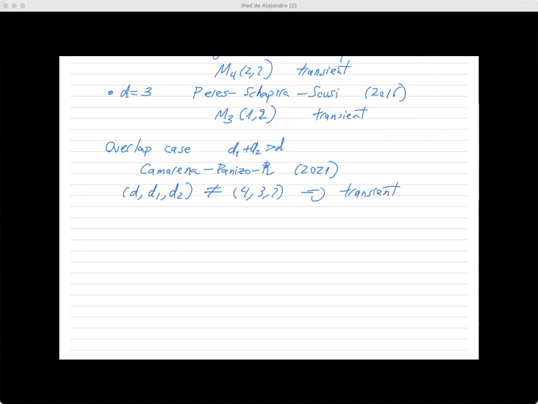I'm not going to comment so much about this. Maybe just say that when the dimension is larger than or equal to 7, this is quite direct. Because when there's overlap of dimensions, I can define this new number R, which is the set of dimensions which are common for new and old sites.